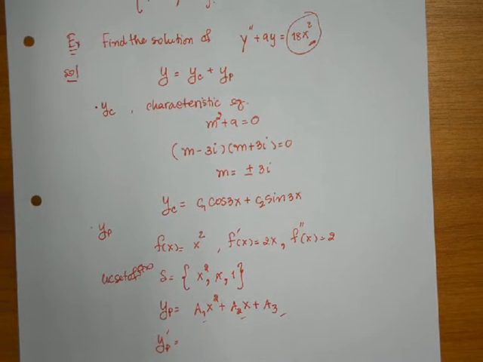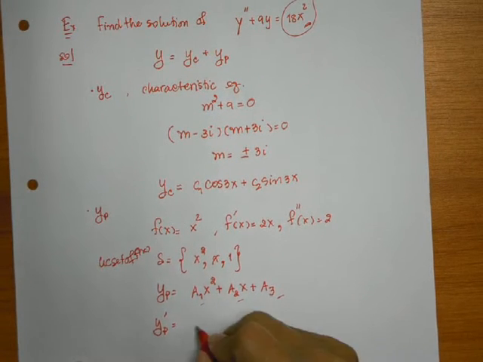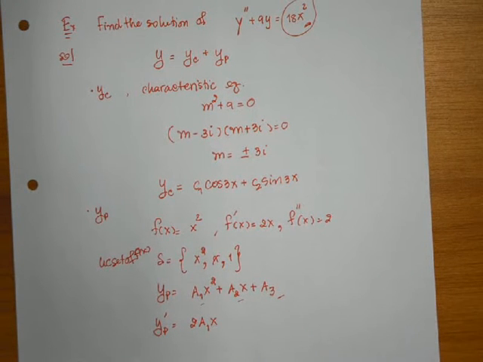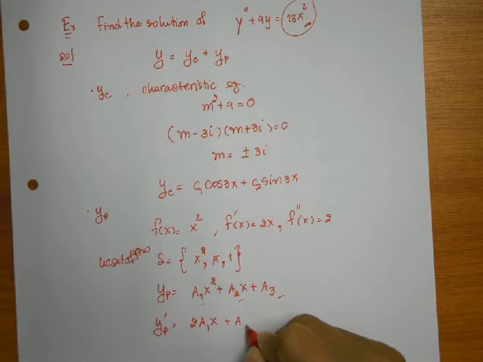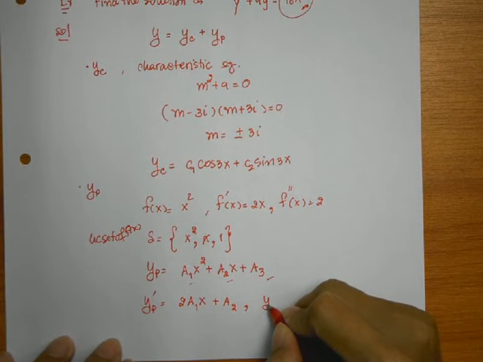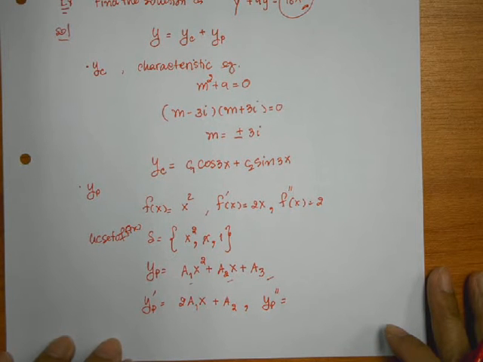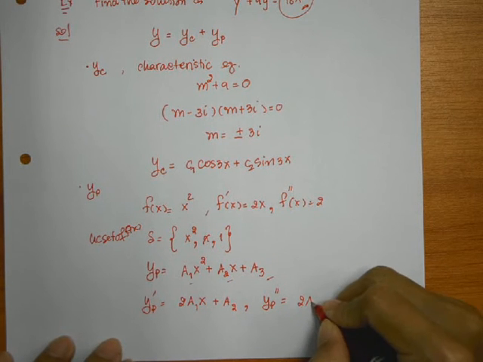The first derivative, we would get what? 2a1x. a1, a2, and a3 are constants, just numbers that we have to find. The second derivative of yp is equal to 2a1.